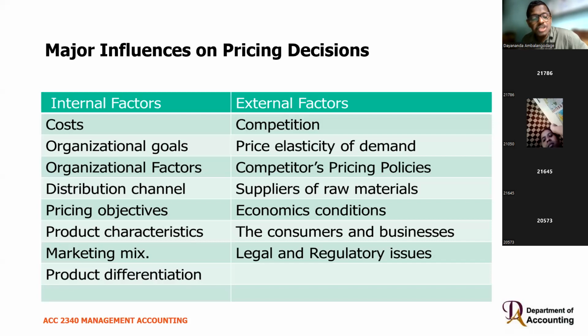There are economic conditions. When the economic conditions get worse and worse, it has an impact on pricing. If the economic condition is good, you may reduce the price. The consumers' and businesses' expectations, consumer values, attitudes, and the legal and regulatory issues.